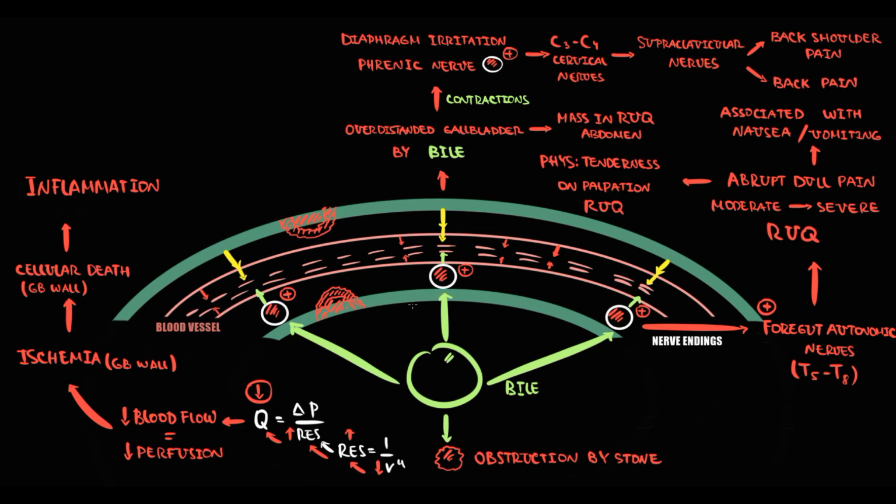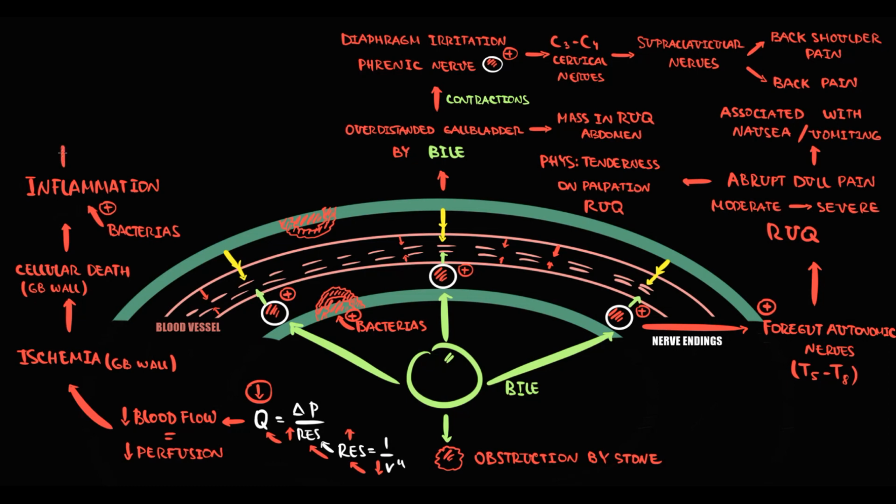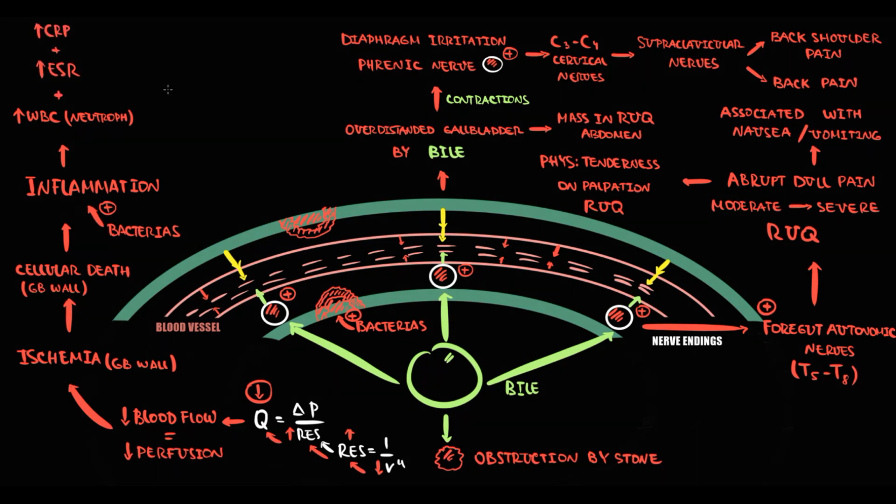In addition, bacteria from the gallbladder can leak to the site of inflammation, and bacterial invasion only aggravates inflammation. With inflammation, white blood cells increase, mostly due to the increase in neutrophils. Also, erythrocyte sedimentation rate increases and C-reactive protein increases.